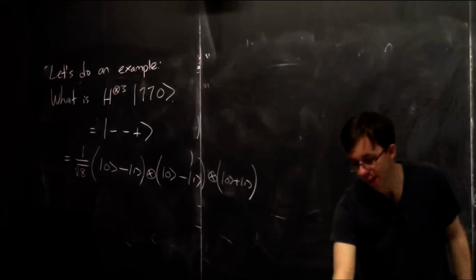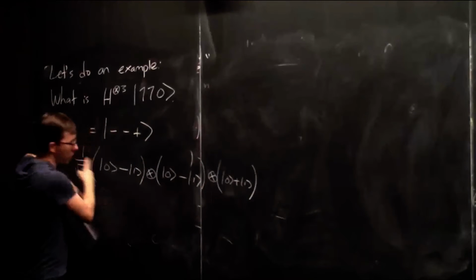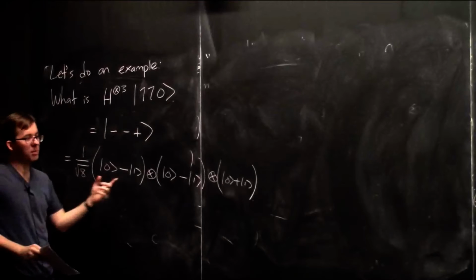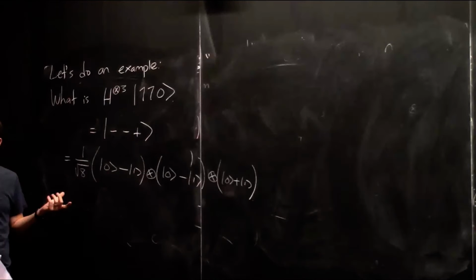So, let's do it a little implicitly. When we multiply this all out, ignoring the 1 over root 8, every possible 3-bit string will show up, but with a different sign. The main thing we have to figure out is what those signs are.